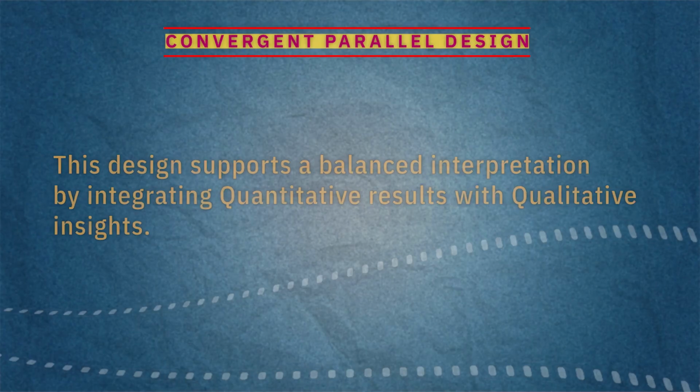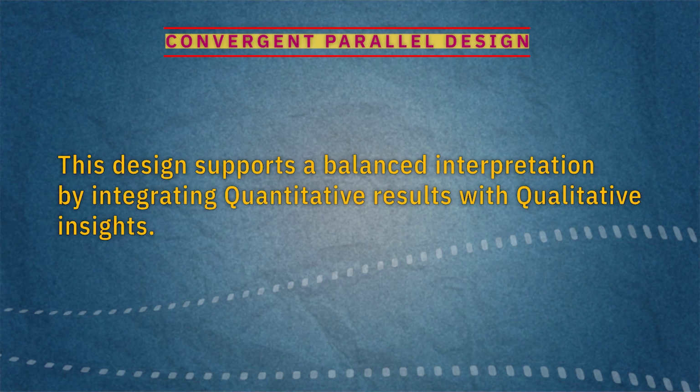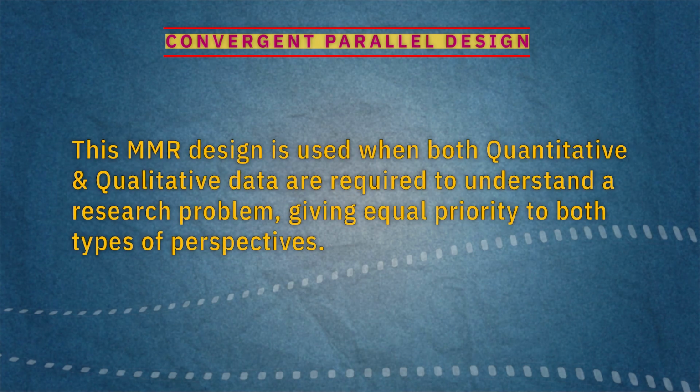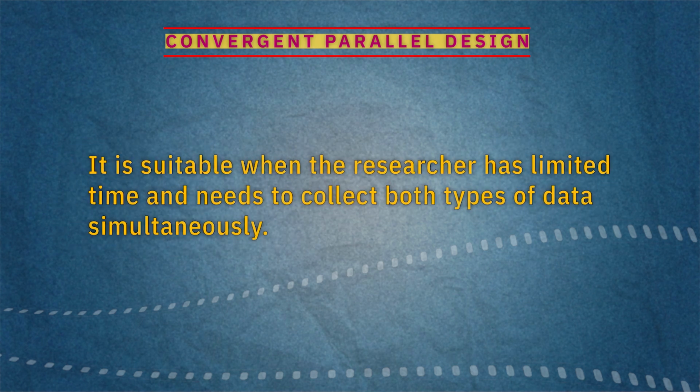Now, convergent parallel design offers a very balanced interpretation by integrating quantitative results and qualitative insights. This mixed method research design is used when both quantitative and qualitative data are required to understand a research problem, giving equal priority to both types of perspectives. It is suitable when the researcher has limited time and needs to collect both types of data simultaneously.